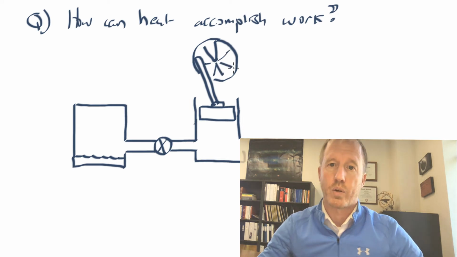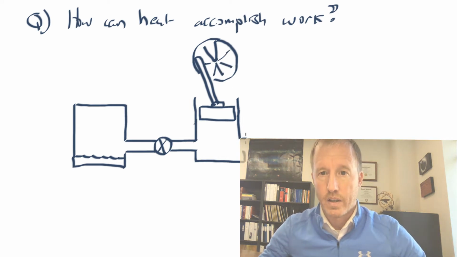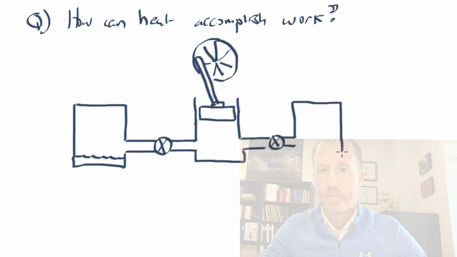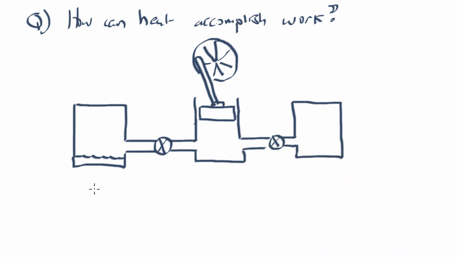I'll explain how this works in a moment. This chamber in which the piston is sitting is attached to another valve, and that valve is attached to a third chamber. Okay? Now, here is the idea. This chamber over here has built underneath it a fire. I'm just going to draw some logs here.